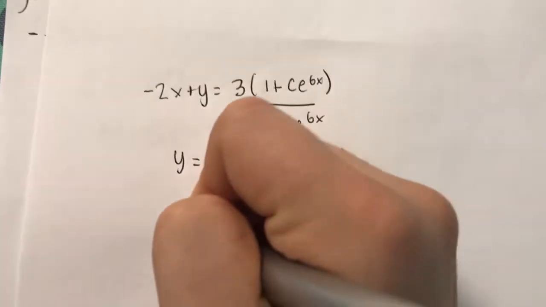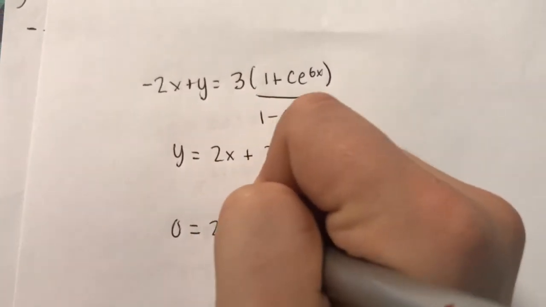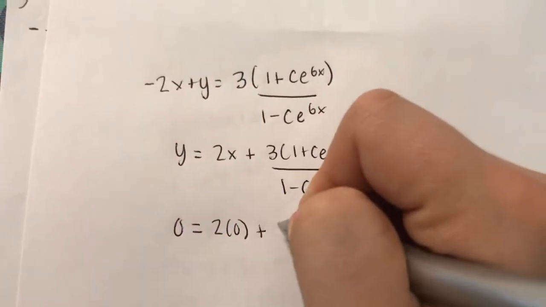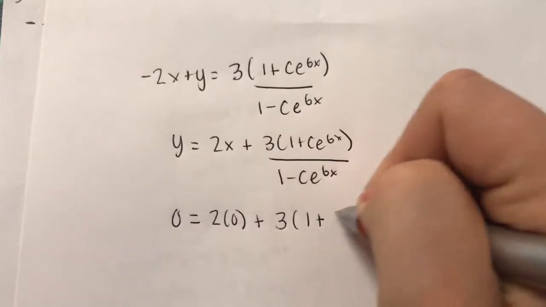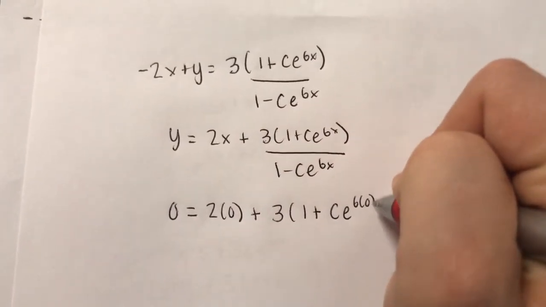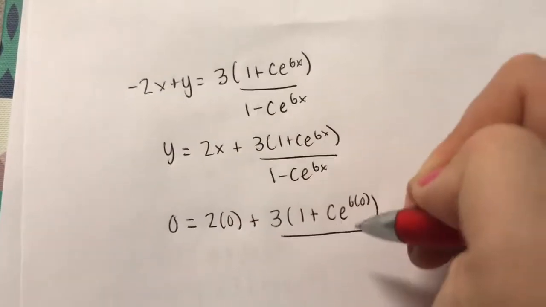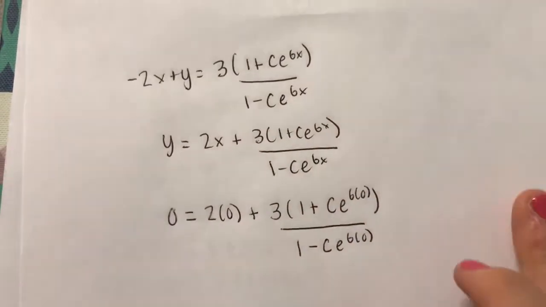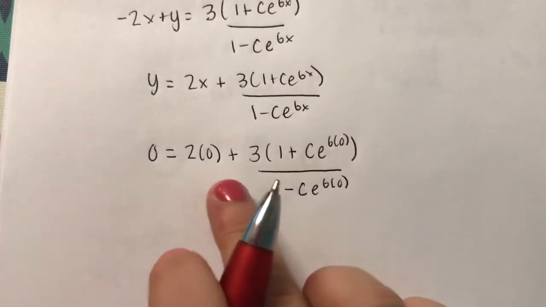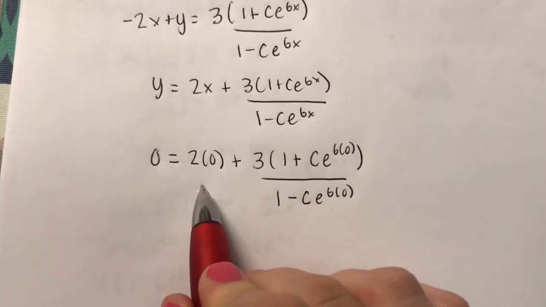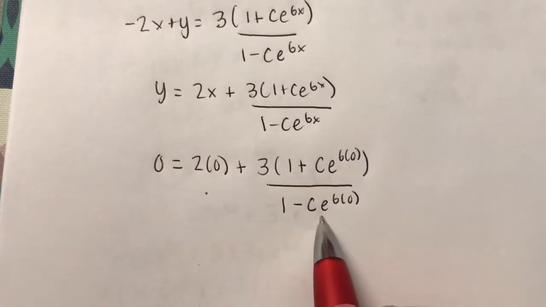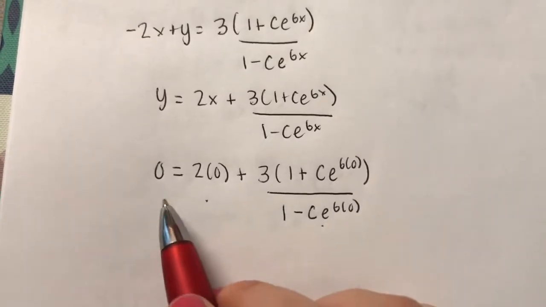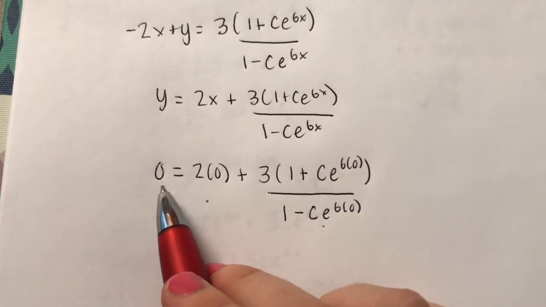So I get 0 equals 2 times 0 plus 3 times (1 plus c e to the 6 times 0) over (1 minus c e to the 6 times 0). So I know that this first term is 0, and I know that when I eventually multiply my bottom over, it's going to be multiplied times 0, so it's just going to be 0.